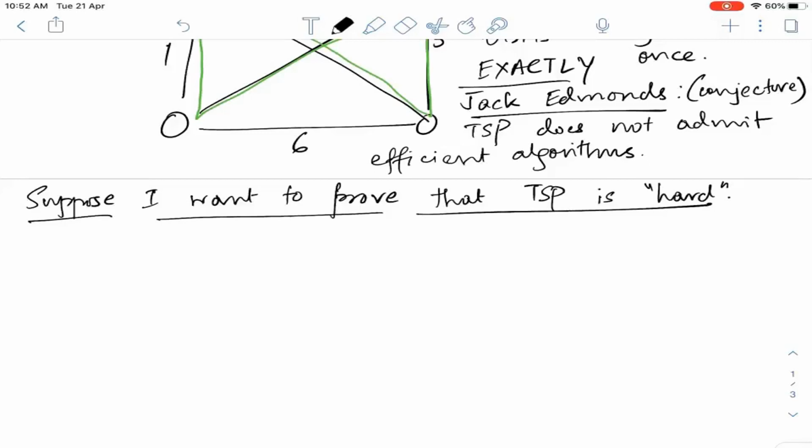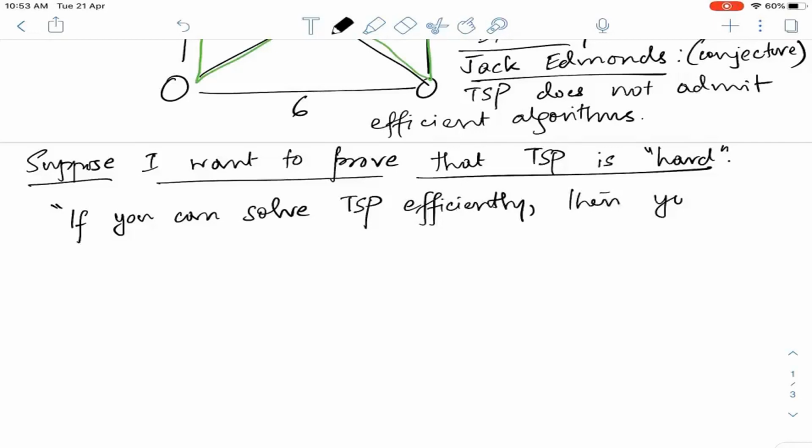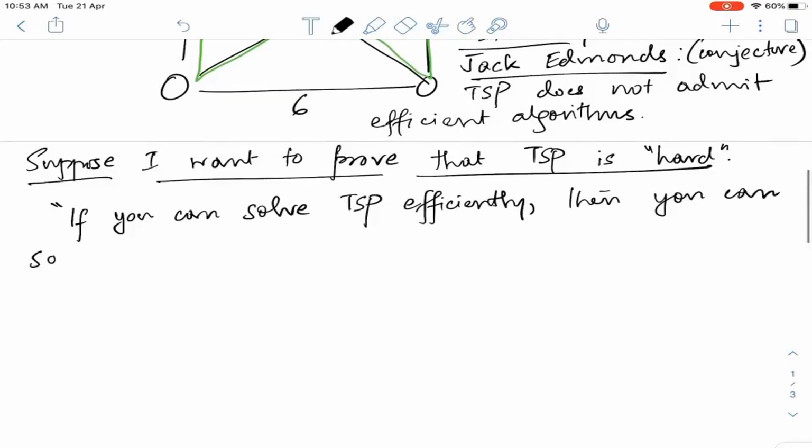So one direction which people started taking was to check whether the following statement is true or not: that if you can solve TSP efficiently, then you can solve many hard problems, many other hard problems.